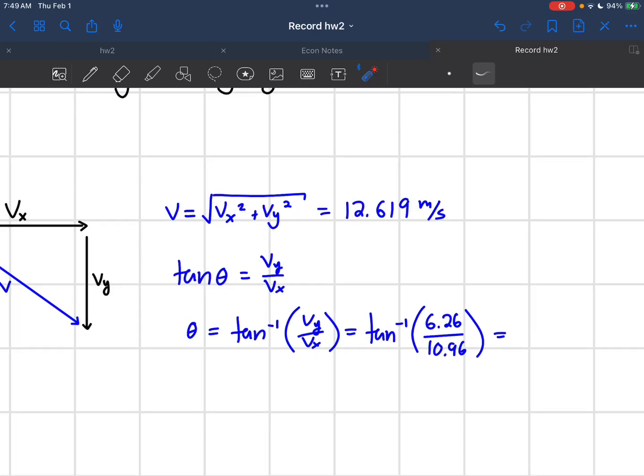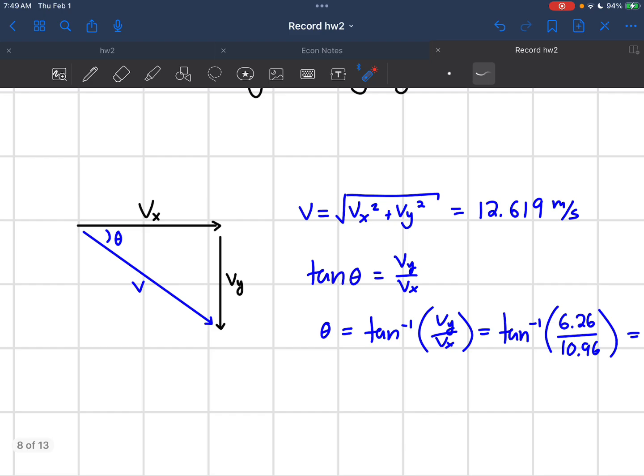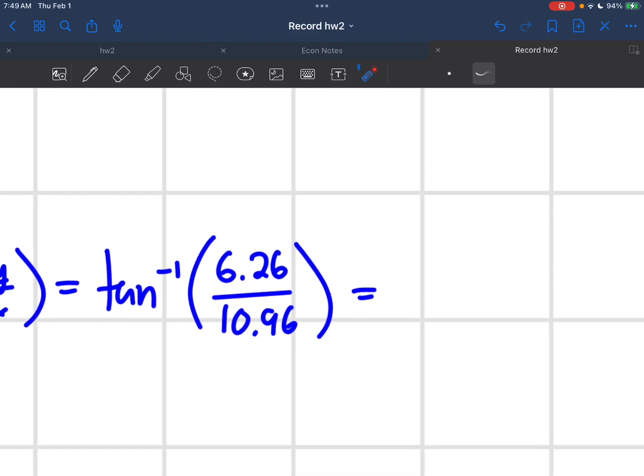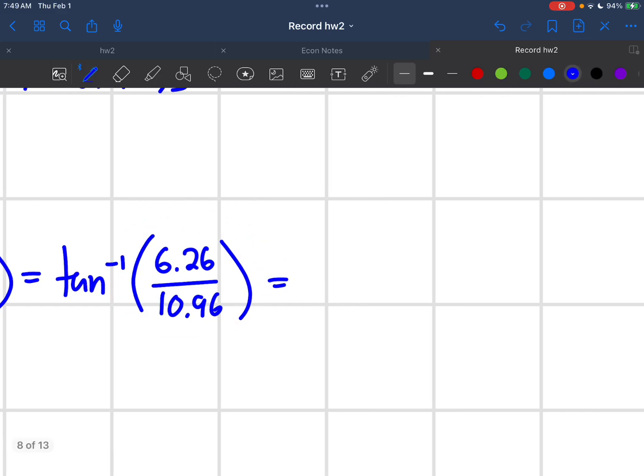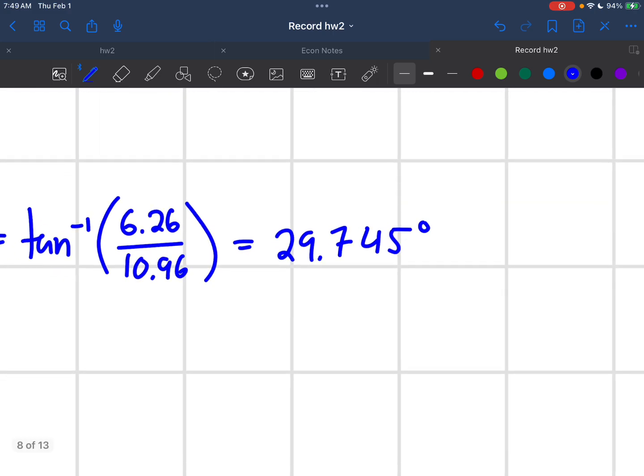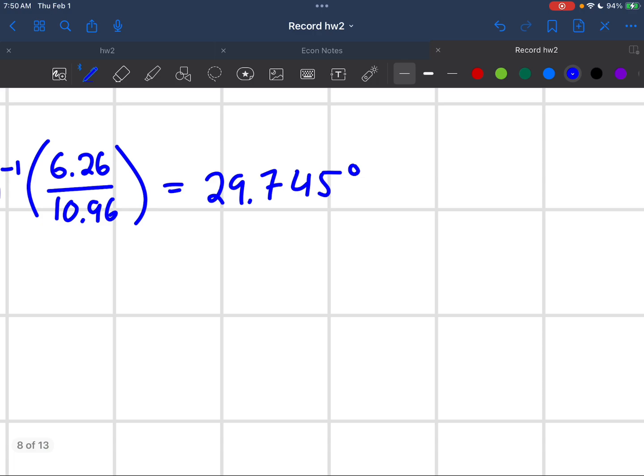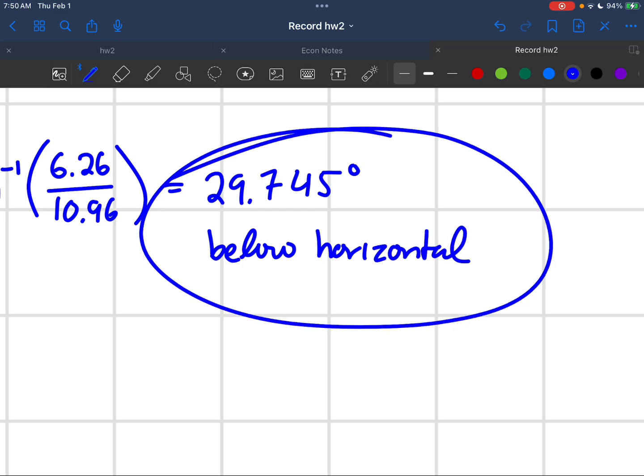All I want from my calculator is the angle. I don't want it to try to interpret if things are up or down from the horizontal. When I punch this into my calculator, it'll give me an answer of about 29.745 degrees. So if I were reporting this answer, I would say it is 29.745 degrees below horizontal.